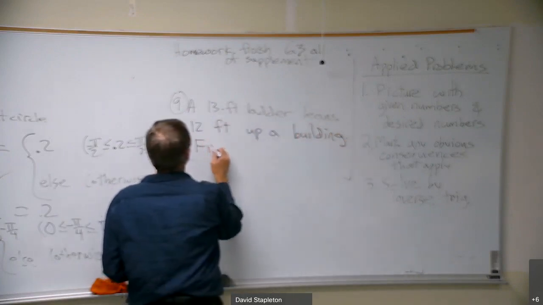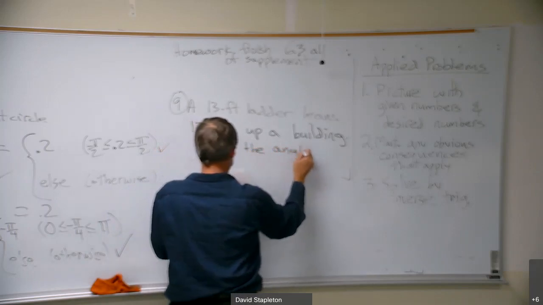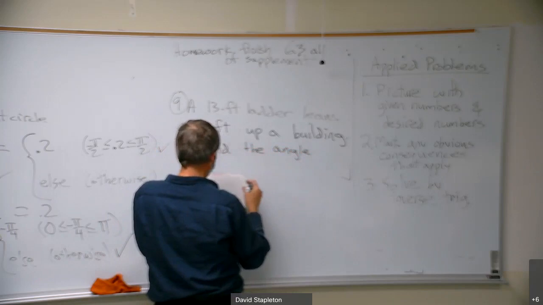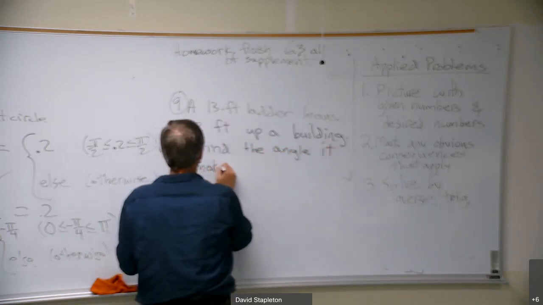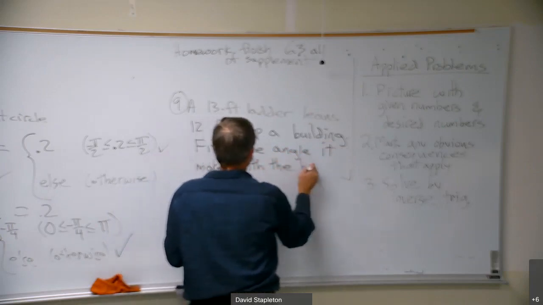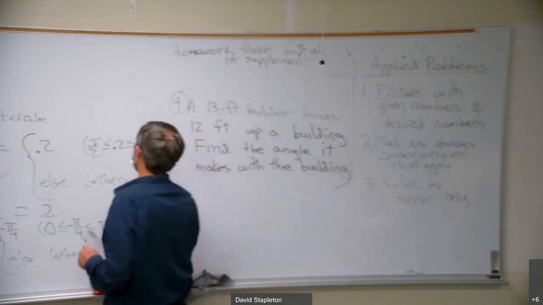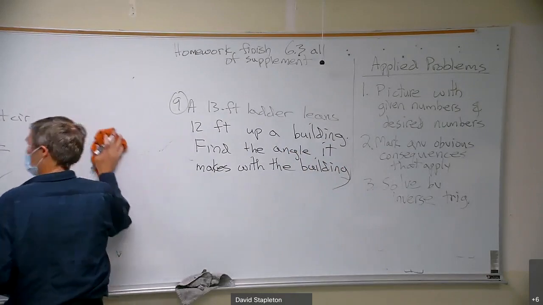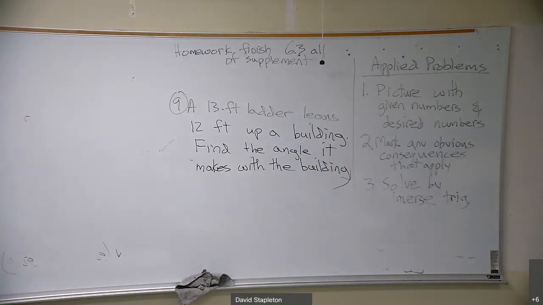Find the angle it makes with the ground. Oh, I'm sorry. Find the angle it makes with the building. It's not required to draw a picture, actually. If you can figure it out and get it right, I'm fine with that. I'll just say it often helps me a lot.